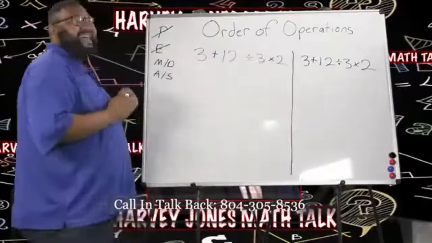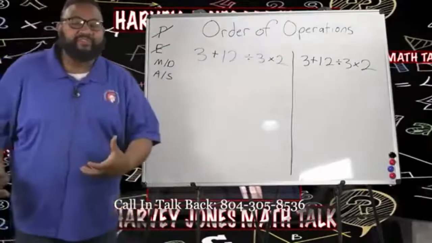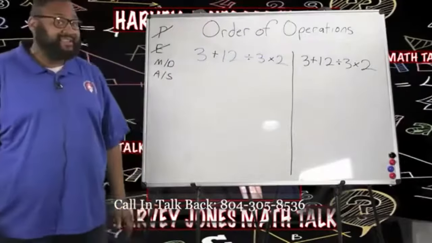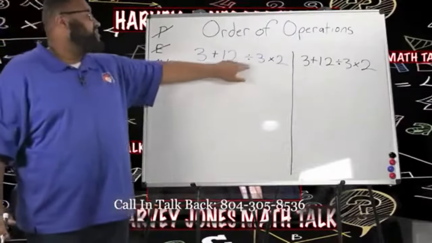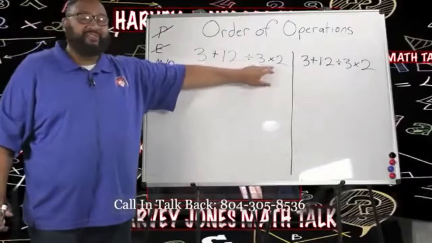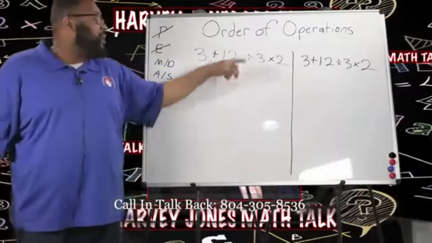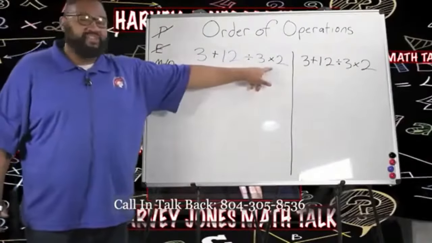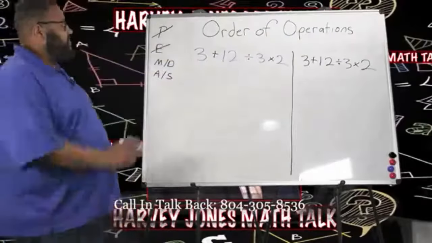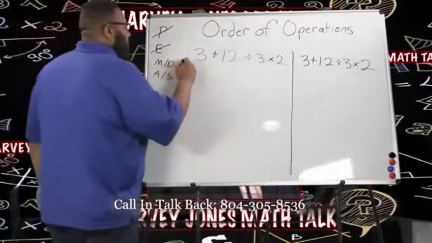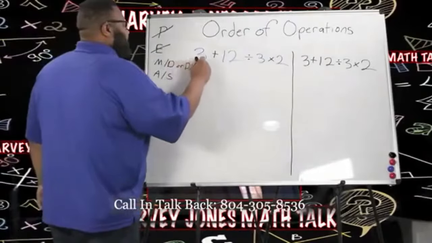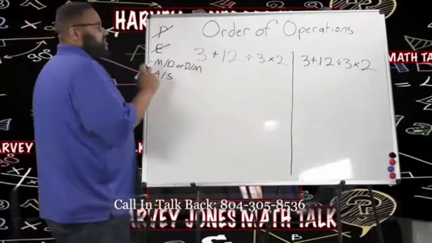In this case right here, look, listen. The division comes before the multiplication. That is correct. You don't skip over the division to go to the multiplication. Remember what I told you, it could be multiplication division or division multiplication, whichever comes first.